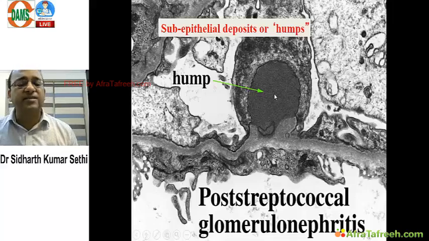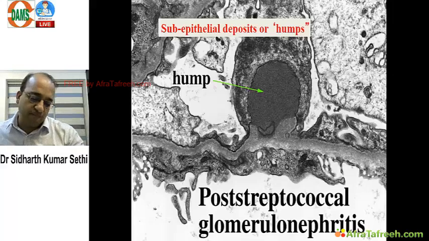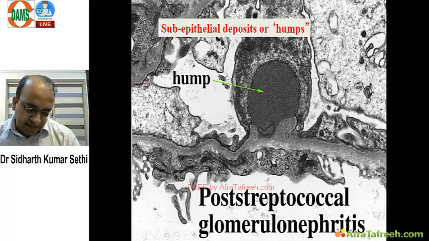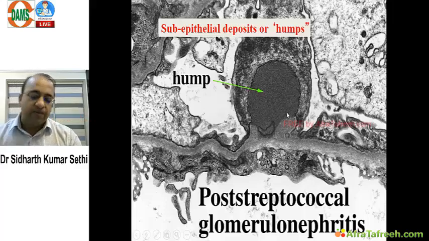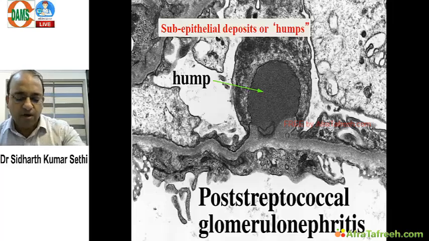And this is a classic electron microscopy. On your screen here, this band is the basement membrane. These are the foot processes of podocytes. You can see these villi projecting into the urinary space. Now, there is no other cause of a hump.